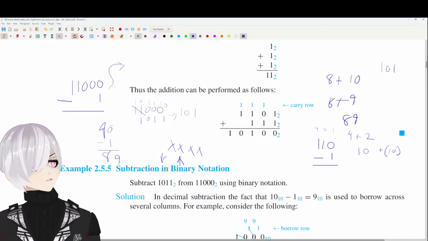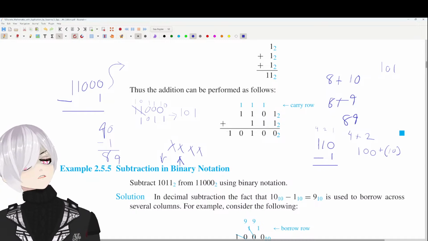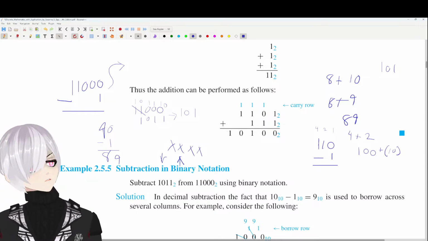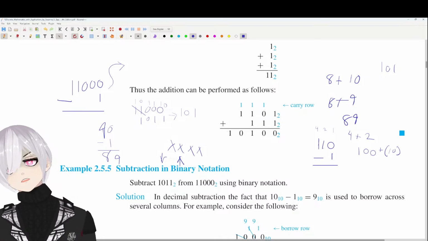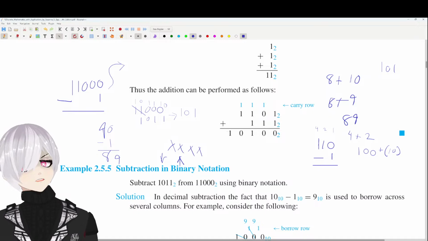A 1 0 in the ones place is just the same as having a one in the twos place.